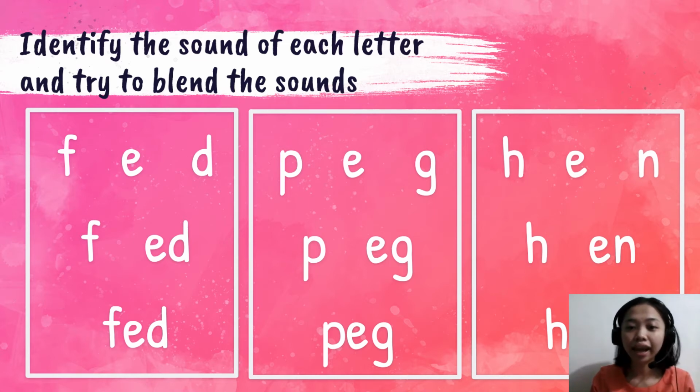P and eg is peg. Okay, that's great. Next, the last box for this slide is H, E, and then N. H plus en equals hen. That is the female chicken. Okay, very good.